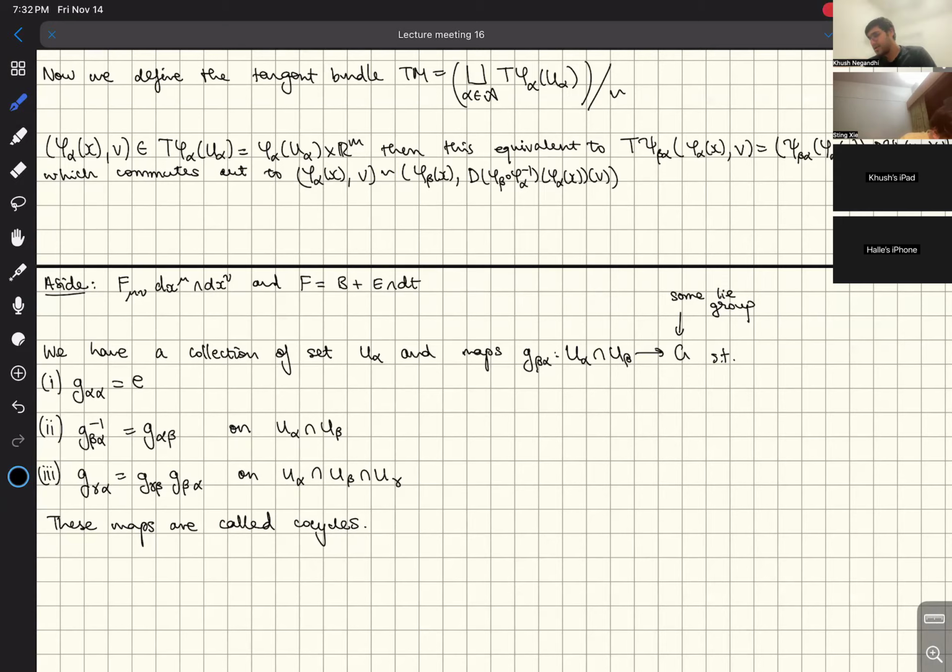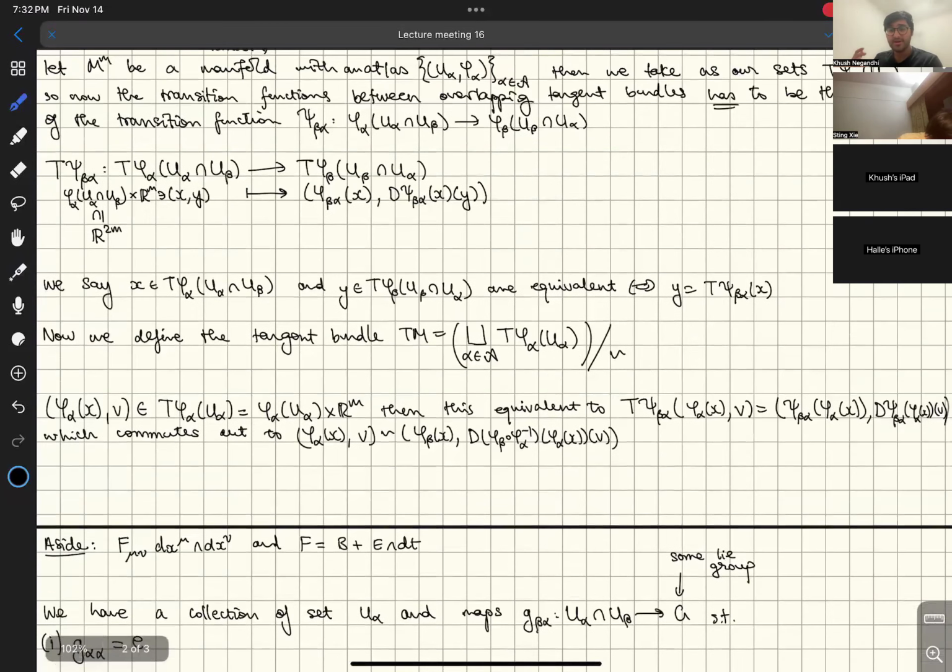So in this case, for the tangent bundle, the Lie group for the cocycle was the general linear group. But there's nothing special about the tangent space. You could take any vector space, and then let your cocycles be on the general linear group of that vector space. And what you would get is something called a vector bundle, right?